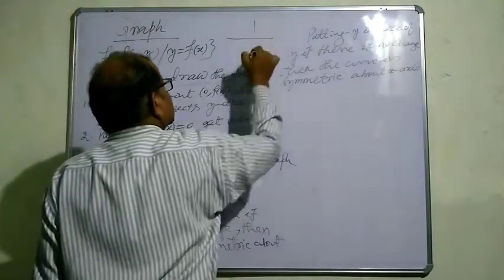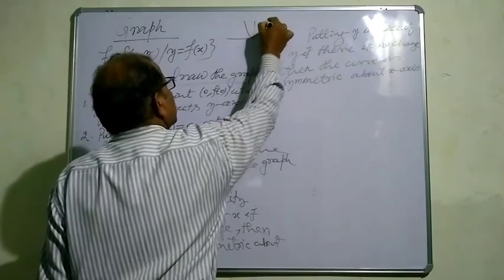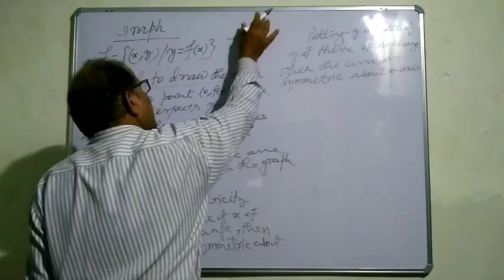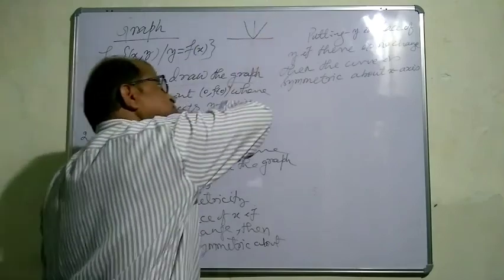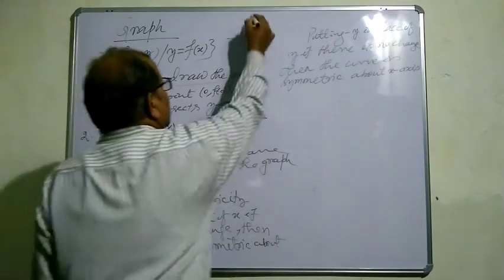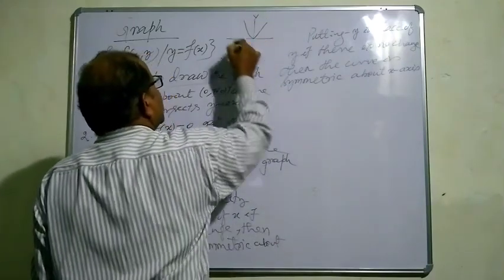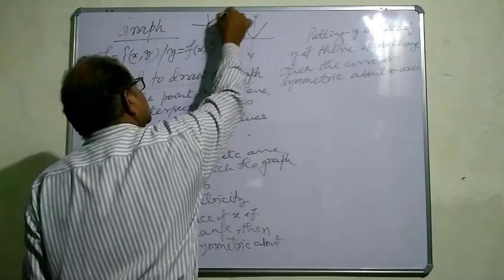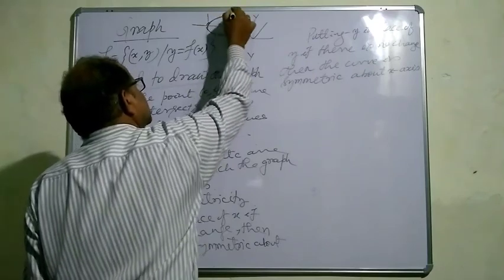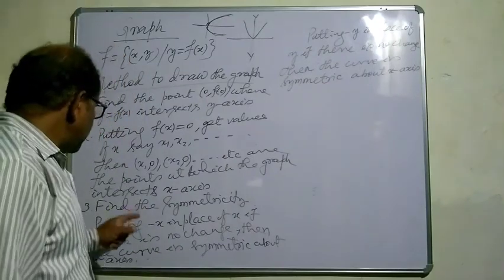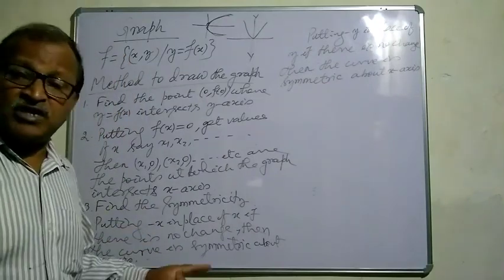Suppose this is your axis. Symmetric about the y-axis means there are equal parts of the graph to the left of the y-axis as well as to the right of it. Symmetric about the x-axis means the part below the x-axis is the same as the part above the x-axis.